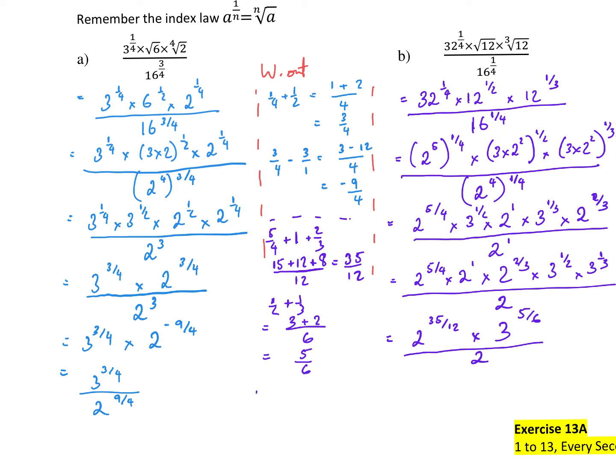You've got 35 on 12, take away 1, which is 12 on 12, which makes it 23 on 12. So therefore my final answer is 2 to the power of 23 over 12 times 3 to the power of 5 on 6.